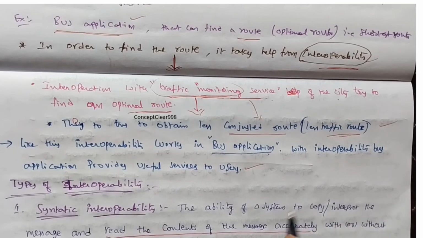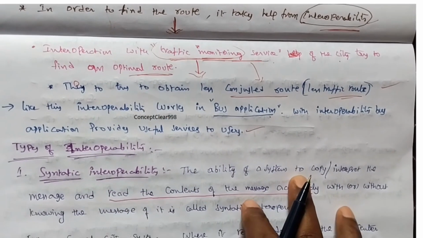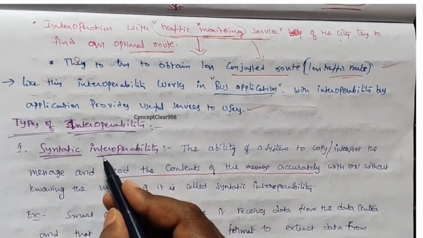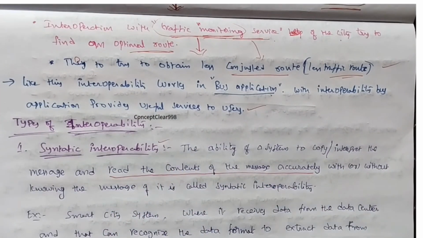Next we will see the types of interoperability we have. The first one is syntactic interoperability. What does syntactic interoperability mean?